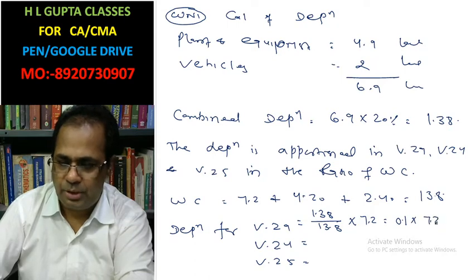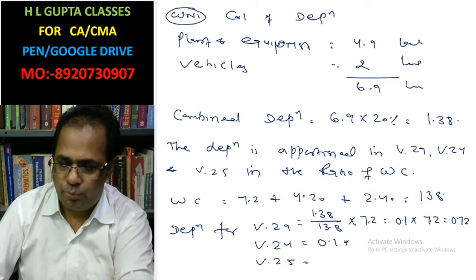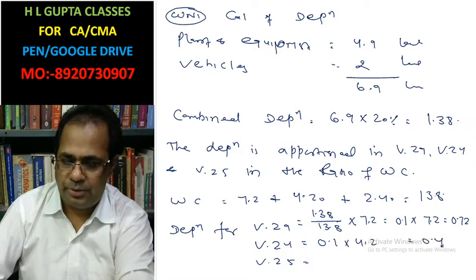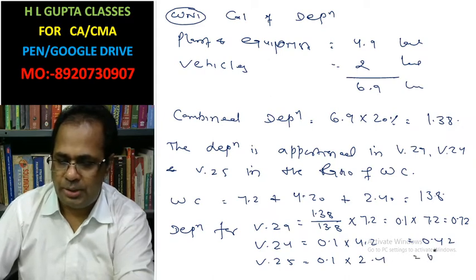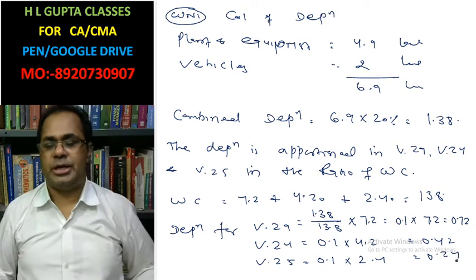Into 7.2, that is 0.72. Similarly, 0.1 into 4.2 is 0.42, and 0.1 into 2.4 is 0.24. This is the depreciation.